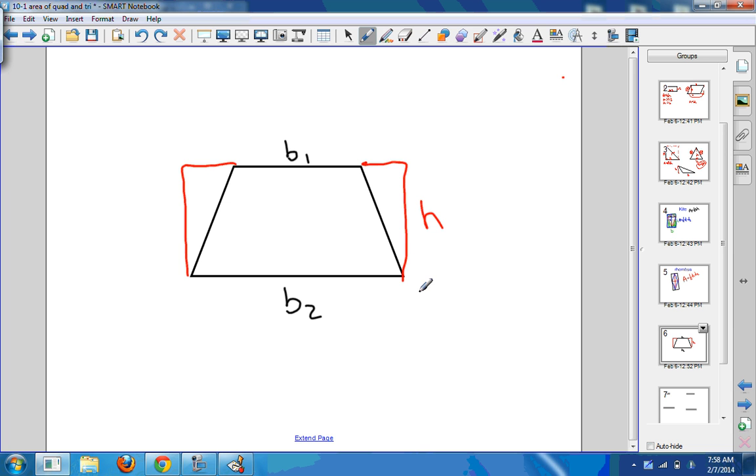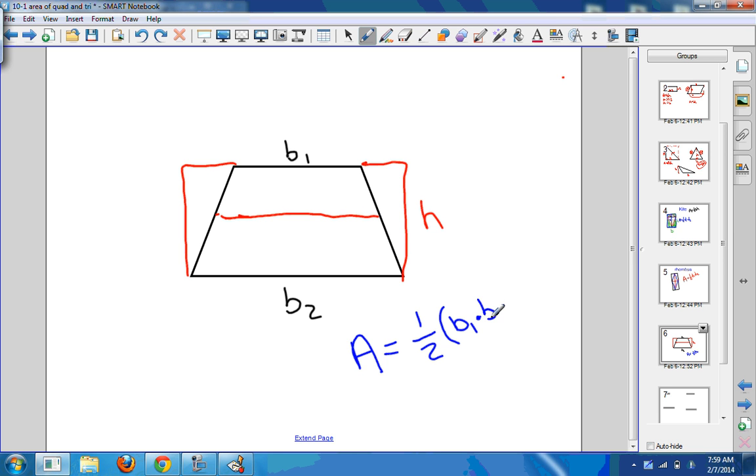So what I'm going to do with this trapezoid is, you guys remember the midsegment in the middle here? That's the average of the 2 bases. If I take the average of the 2 bases, that's going to be the base that we use for my formula. So the area of a trapezoid is going to equal 1/2 of base 1 plus base 2, times our height.